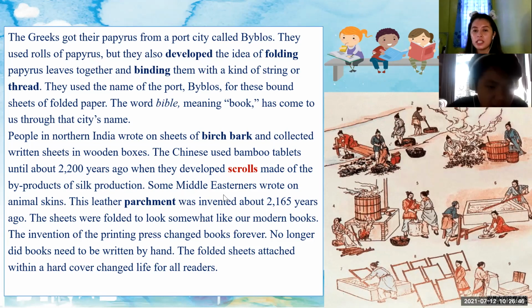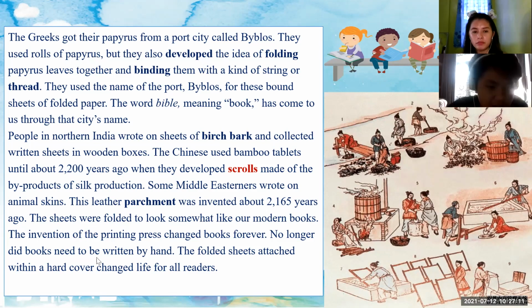Some Middle Easterners wrote on animal skins. This later parchment was invented about 2,165 years ago. The sheets were folded to look somewhat like our modern books.